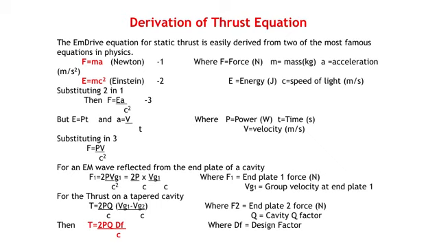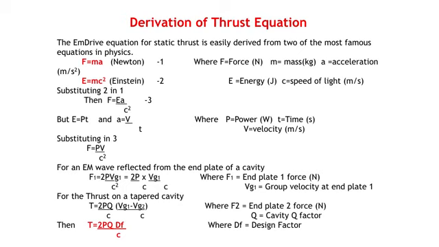So we get F1 equals 2p Vg1 over c squared. Now this can be written as F1 equals 2p over c times Vg1 over c, which is the standard equation for radiation pressure times the ratio of Vg1 to c.